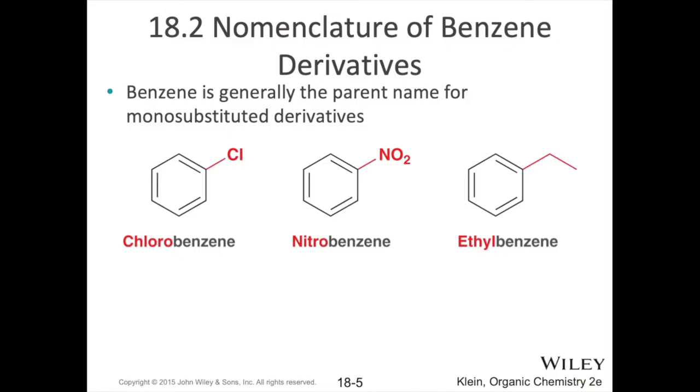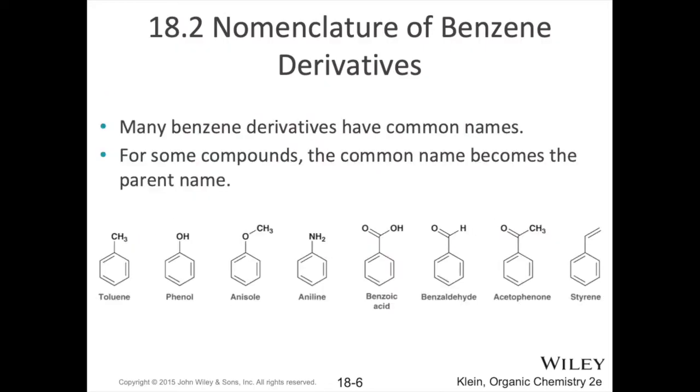So again, for any substitution, whether it's a nitro group, as in the example here, or alkyl groups like this ethyl group, the nomenclature is pretty much the same. Now, that being said, a lot of benzenes with one derivative have a common name. There's a common name that can be used oftentimes as the parent name. For example, I mentioned that we'd seen toluene before in lab.